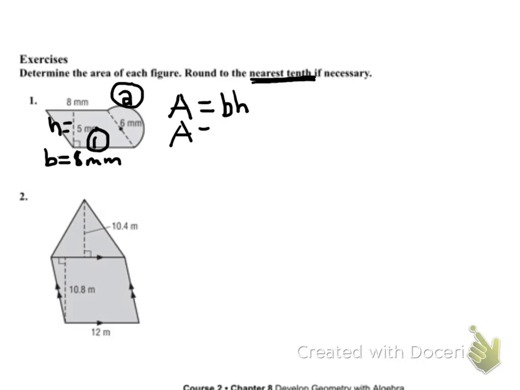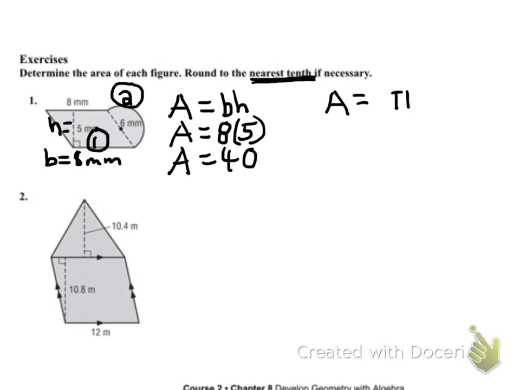So the area equals 8 times 5. Area is 40.